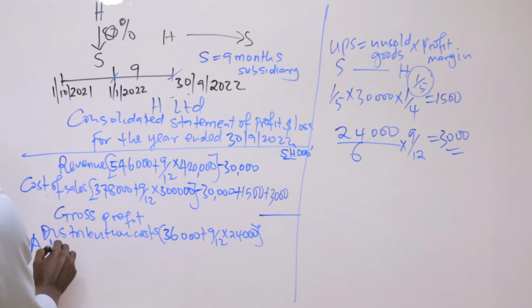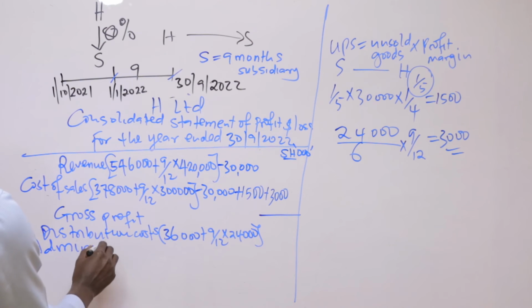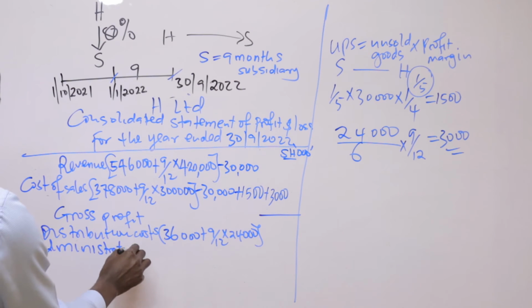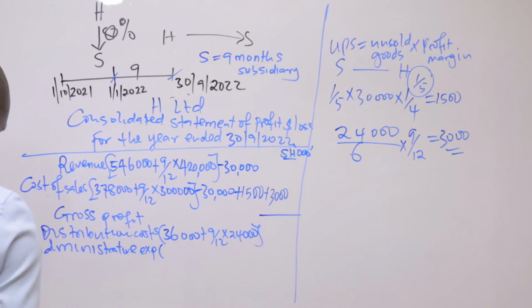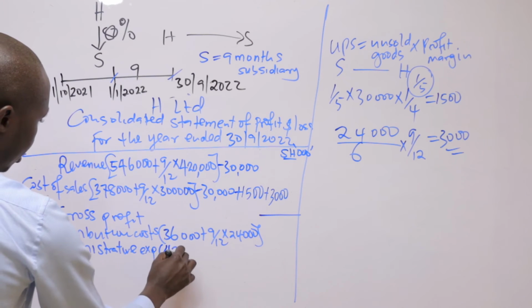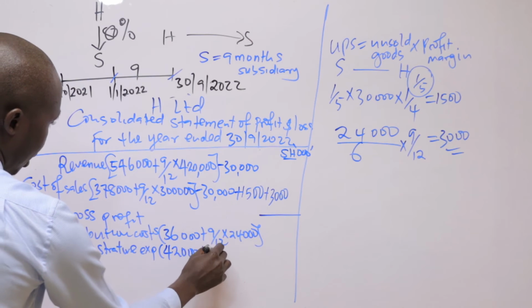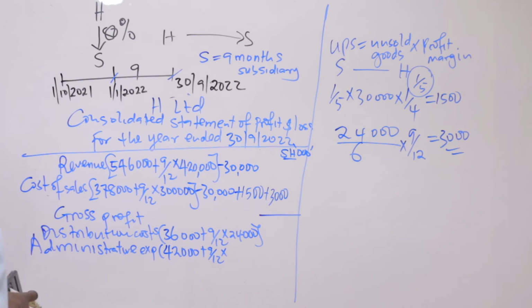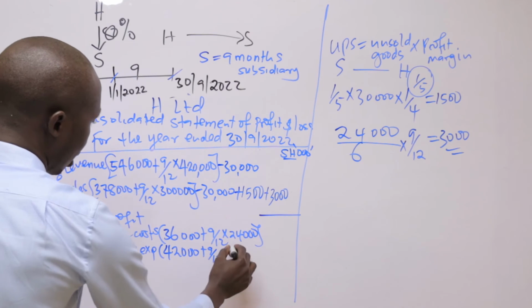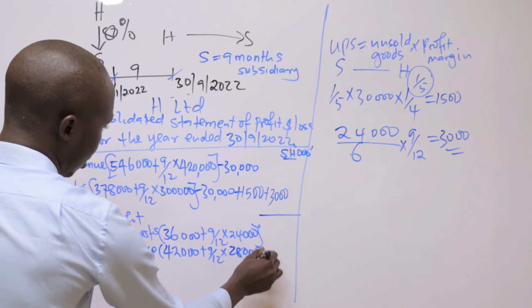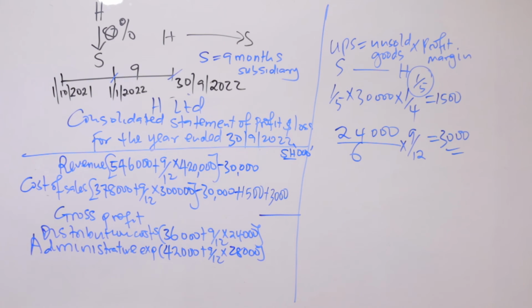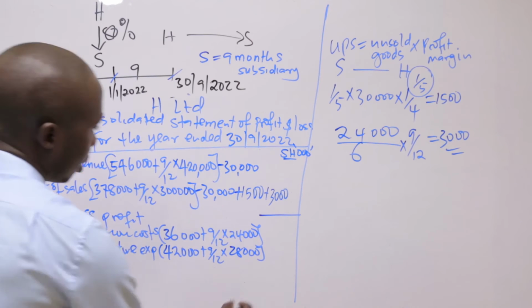So for the administrative expenses, 42,000 plus 9/12 times 28,000. So after that, we get the profit from operations.